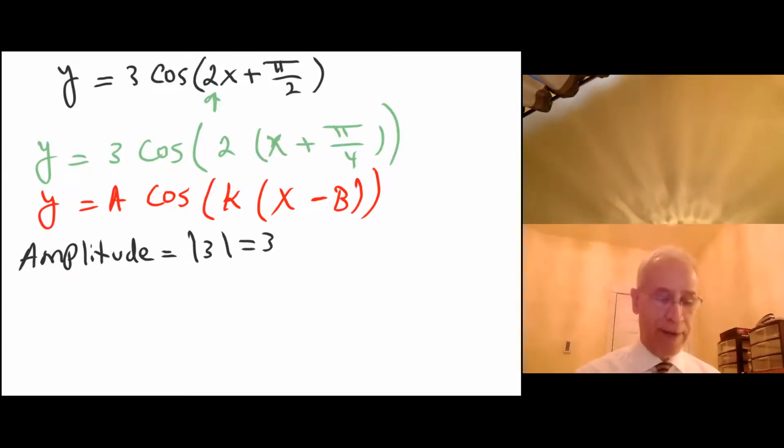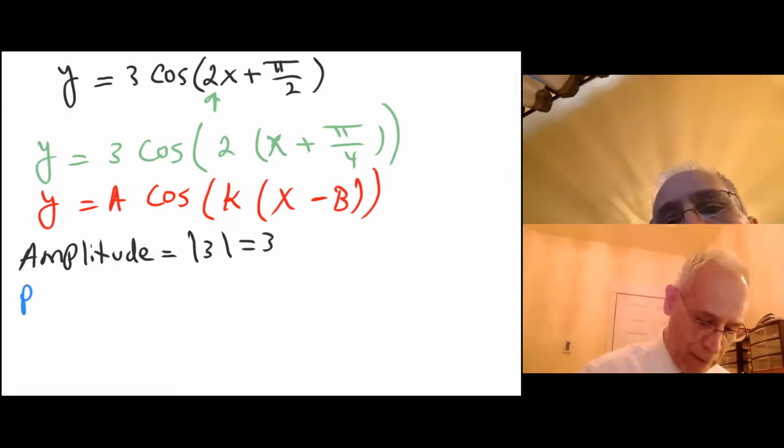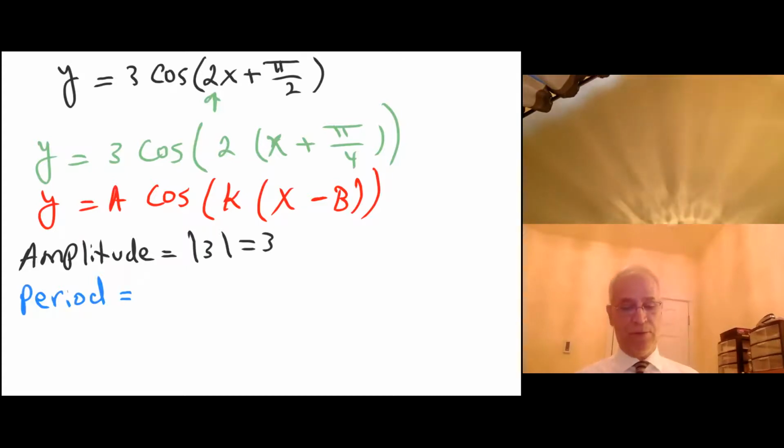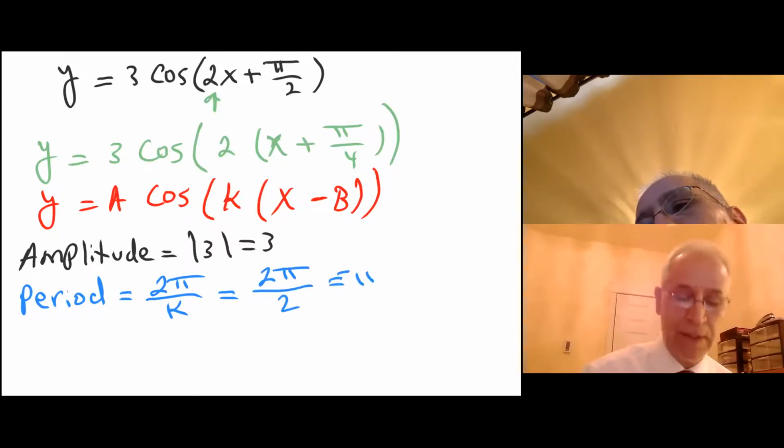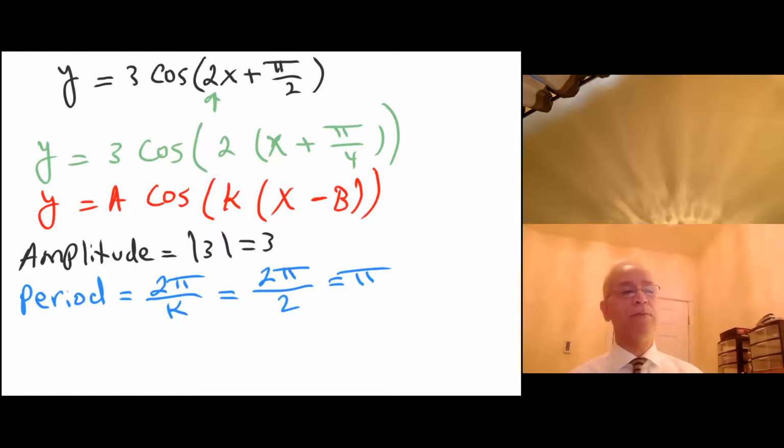However, to find the period, if you use this format, period is going to be 2 pi divided by k. So 2 pi divided by 2, we get the same period, of course.